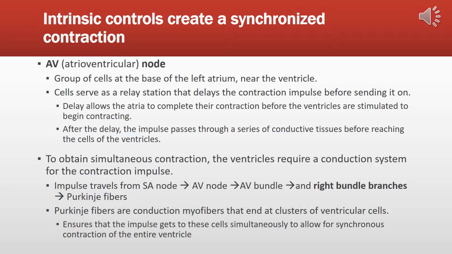So this contraction impulse, and we're going to trace the flow of it, travels from the SA node to the AV node, then the AV bundle, and then the right and left bundle branches to what are called the Purkinje fibers. And the Purkinje fibers are conductive myofibers or muscle fibers that end at clusters of ventricle cells. And these fibers ensure that the impulse gets to these cells simultaneously to allow for the synchronous contraction such that the entire ventricle contracts.